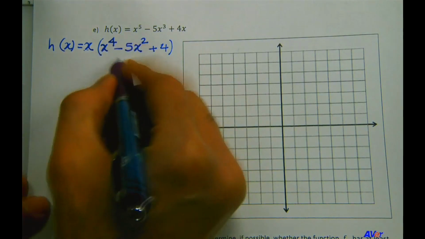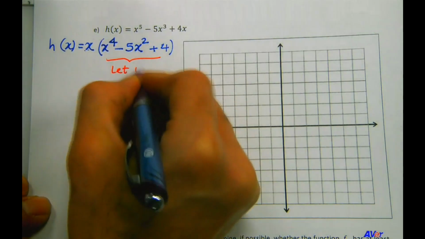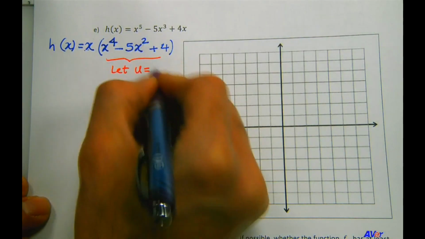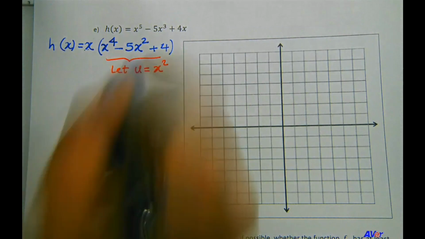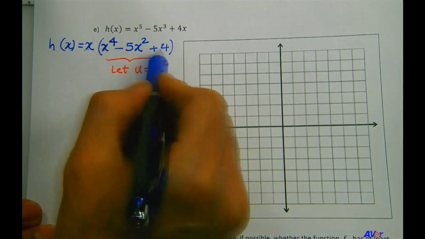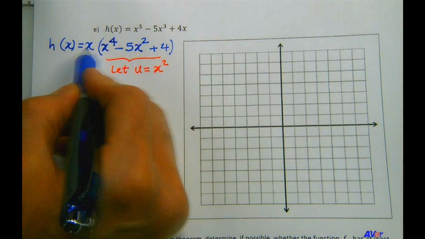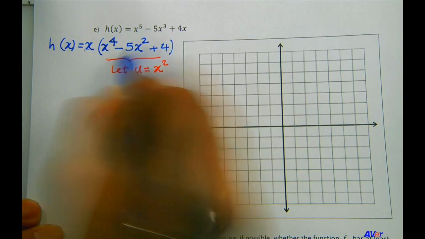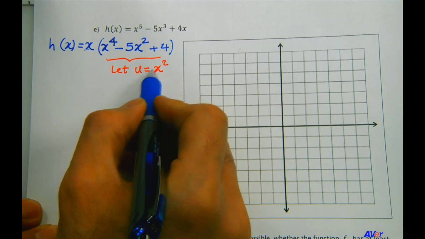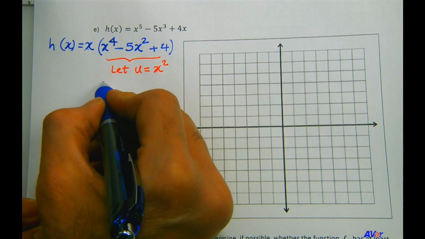So for this piece, let U be that term, x squared. Okay? Then we can rewrite this. We want to factor this term. We're okay with this. It's already been factored out. We want to factor these 3 terms.